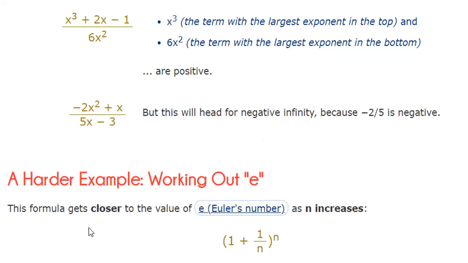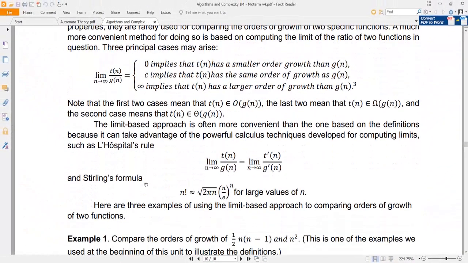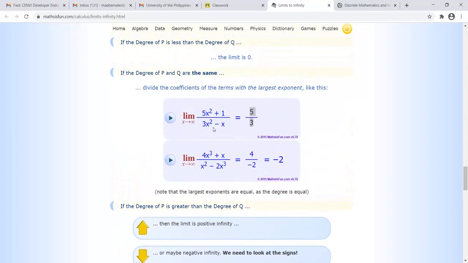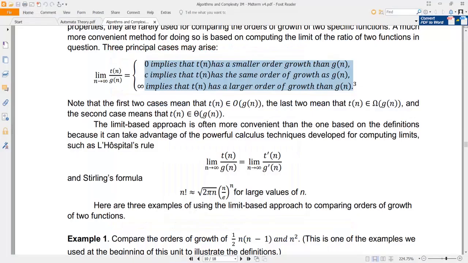Okay? So, we go back here. As you realize, we have these three possibilities sad nga result, di ba? Three possibilities sad. If less than ang degree sa P kaysa Q, if same or greater than. Meaning, maupod ni siya. Diba?